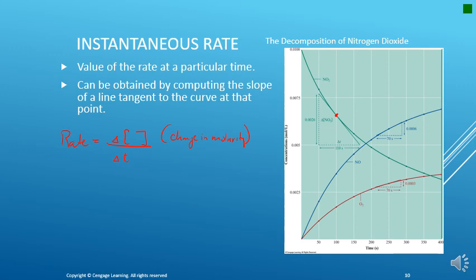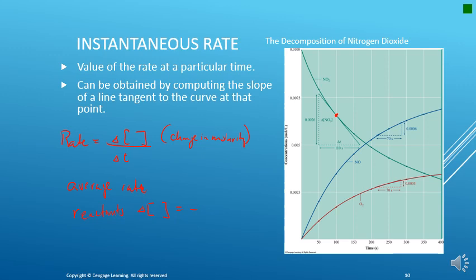When we talk about an average rate, this would look at the entirety of the chemical reaction. What was the average rate that the reaction happened at? Now, just remember, in terms of reactants, the change in concentration is always going to be negative because we have to consume some of the reactants in order for the reaction to take place.